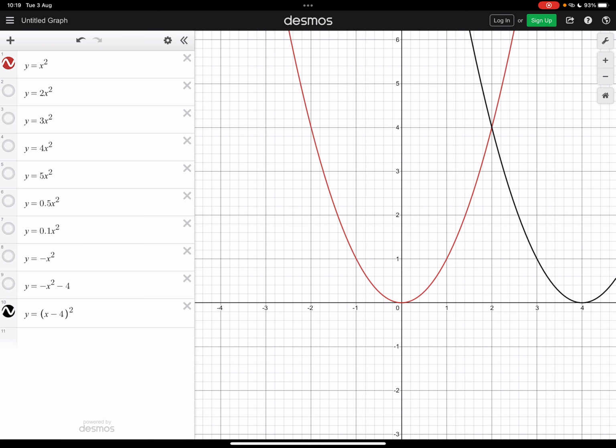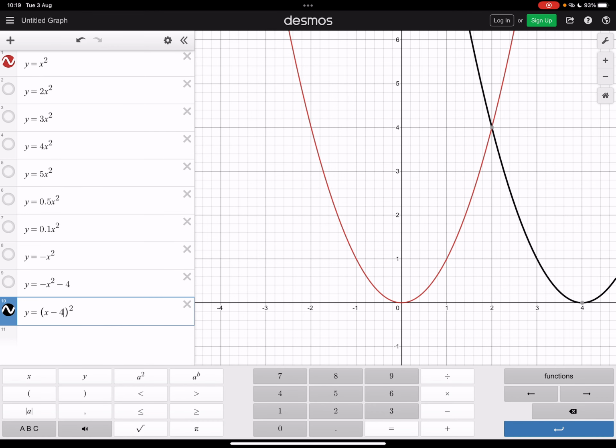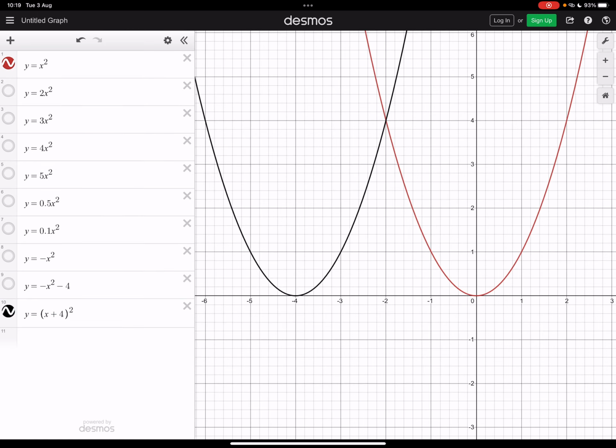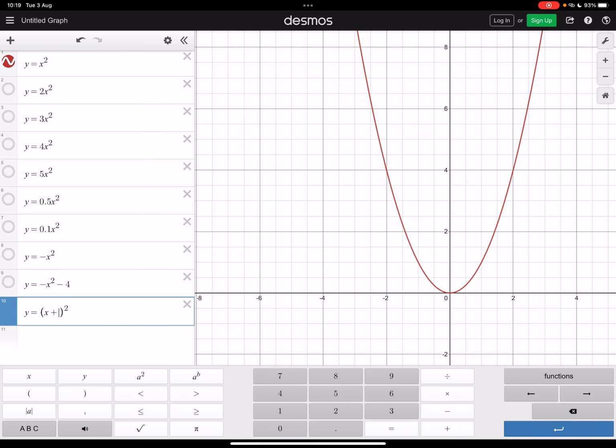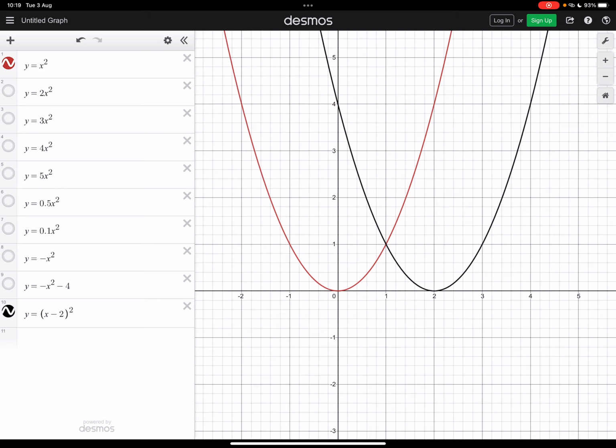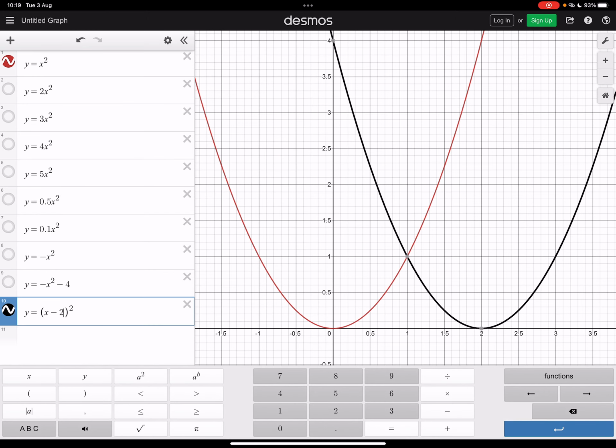It's a long story, but I'll explain it next week when we're in class. If we go positive 4, you can see that it now does move to the left. So it's counterintuitive, but it is what it is. Let's go back to negative 2. That position, which we call h, that 2, just tells you how far across you've moved. So it's a translation left and right instead of up and down.